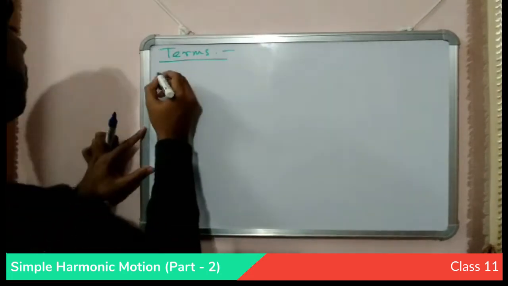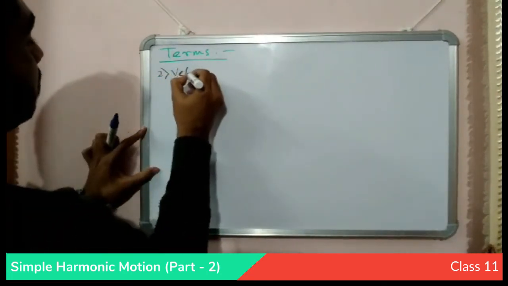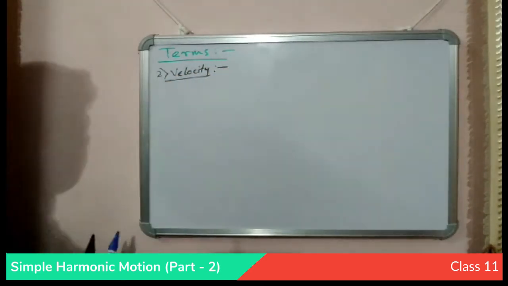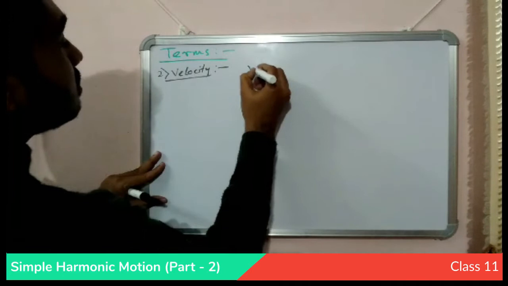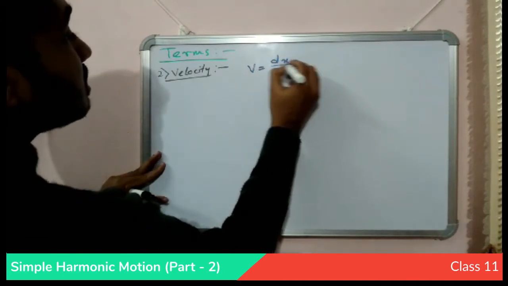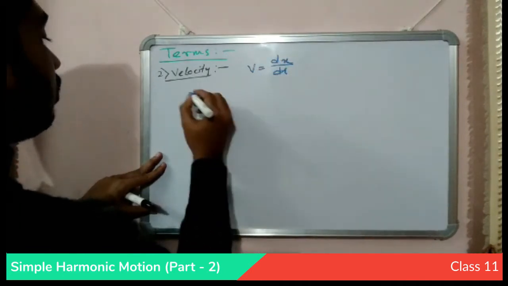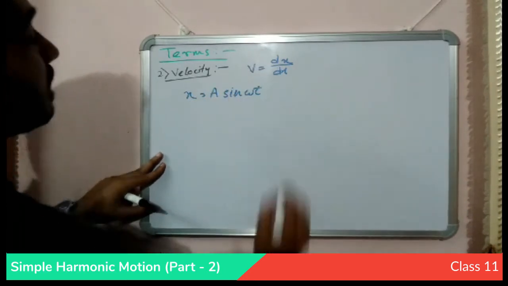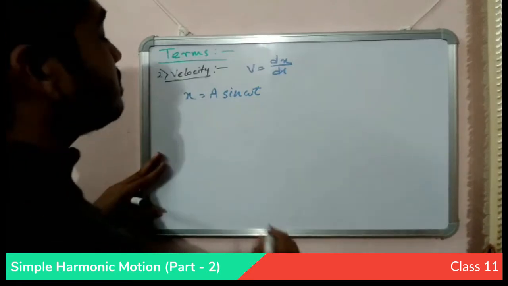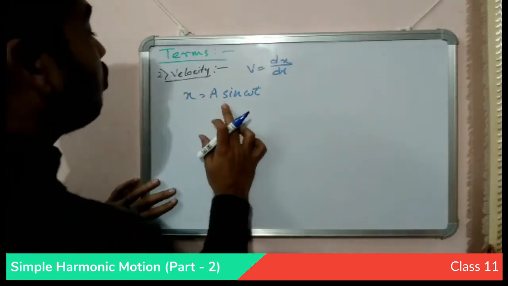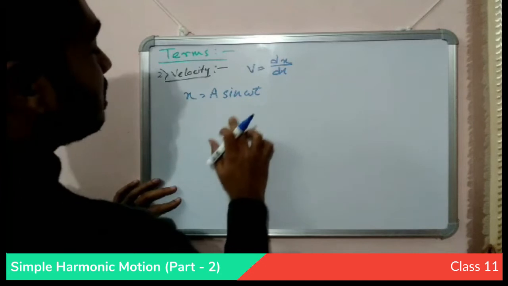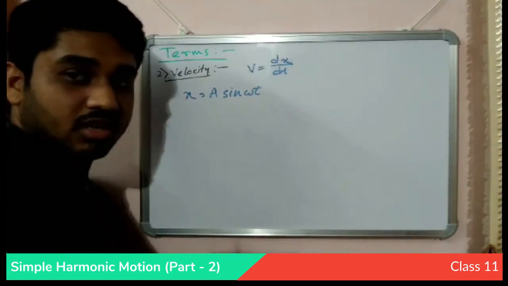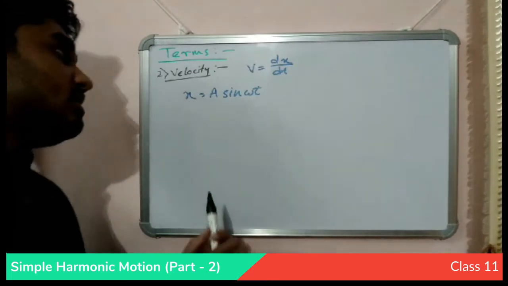And the next term is velocity. We know that velocity v is dx/dt. So our x is a sin omega t, and in most cases we will consider only the a sin omega t case, not the cos case. If the question mentions that you have to consider the cos case, then that is a different matter.